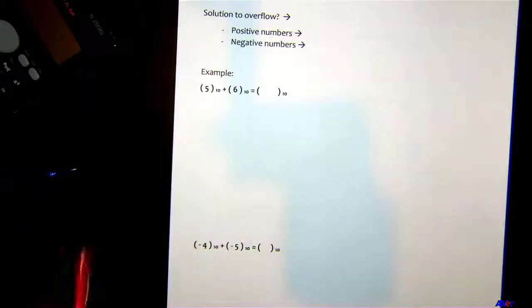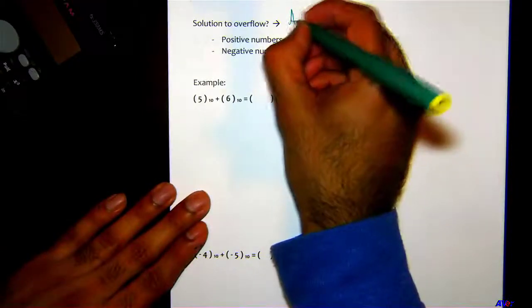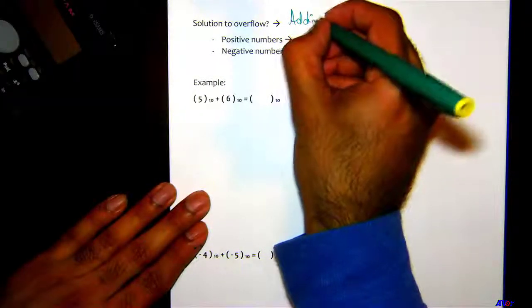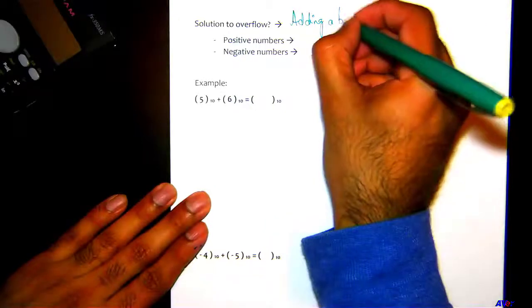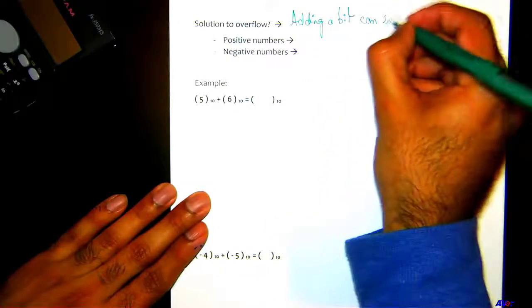Okay, moving on to our next example. So, solution to overflow. How can we avoid that situation? Well, earlier we were discussing that if there's a way for us to increase the number of bits, we can increase our range, right? So adding a bit can expand the range.